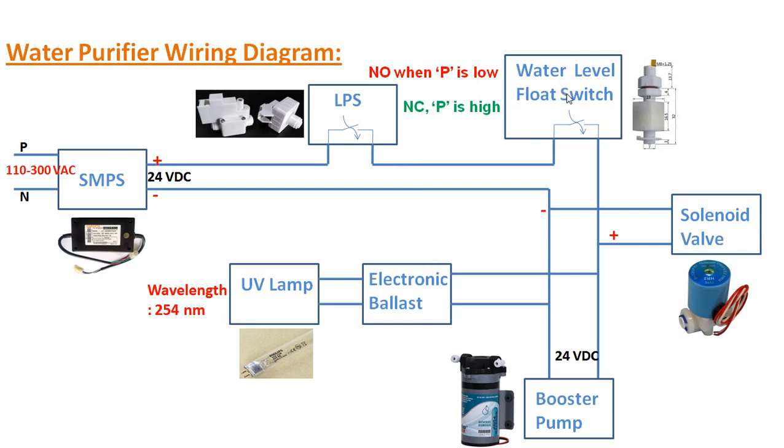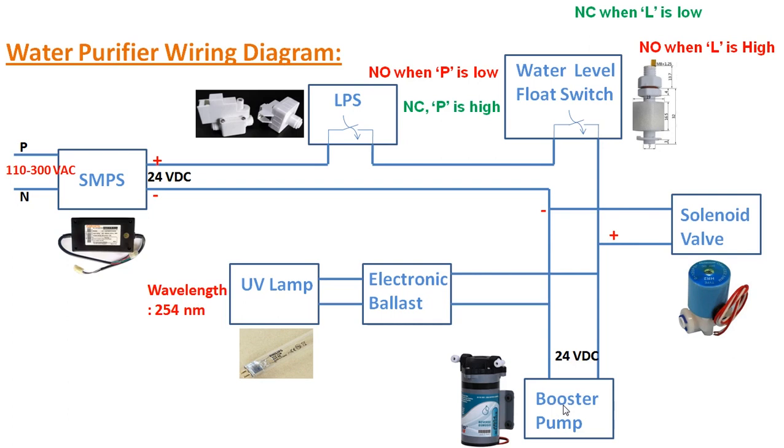The switch will be normally open whenever the tank of the water purifier is full, and it is normally closed whenever the water reaches a certain level in the water tank. And after that, this 24 volts is applied to these solenoid valves which control the flow of the water, and then to the booster pump which generates the required pressure.